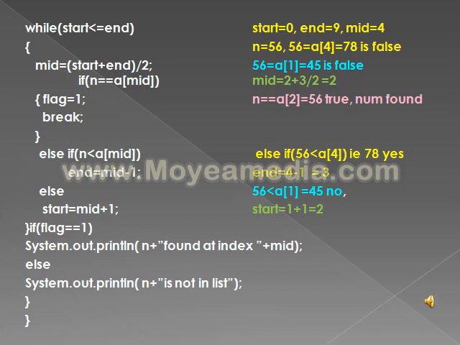Getting into the if condition, flag becomes 1 and it will break the statement. It means it will come out of the while loop. If flag is equal to 1, it will print 56 found at the index of 2. So the search has been found according to the conditions, that is, the array list is divided into 2 halves and it will keep on comparing the numbers.